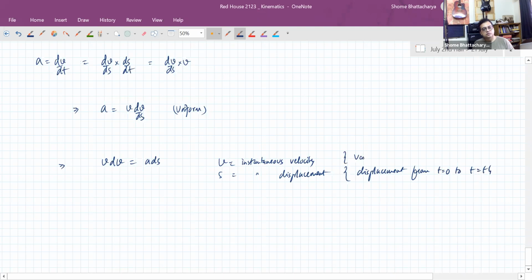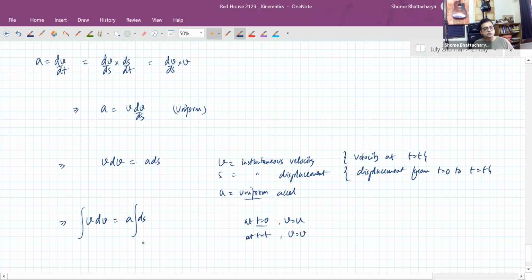This is velocity at time t equal to t. But a, that is the uniform acceleration. So integrating this on both sides, because a is a constant, so it will come out. So at t equal to 0, the initial velocity was u, and at some time t, the instantaneous value of velocity is some v.